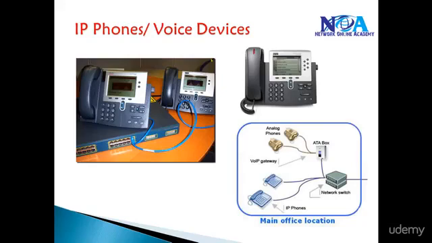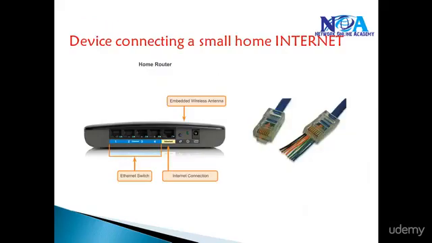And then we got IP phones for VoIP, voice over internet protocol, sending voice traffic over the existing network which is built for sending and receiving data. And then in your home internet connections, we use a device which has an inbuilt switch, a router, and a wireless antenna, which provides wireless connections where we can connect devices like mobile phones and laptops without a wire.